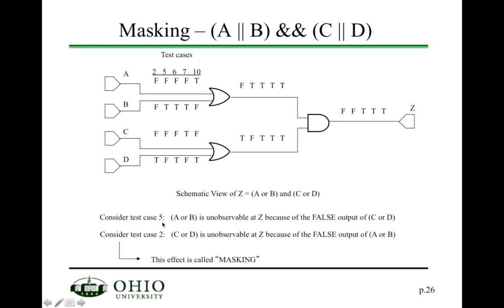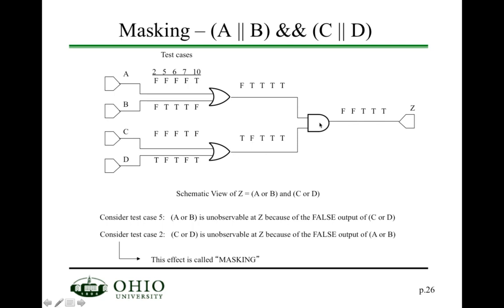Now, let's look at test case 5. In test case 5, A or B is unobservable at Z because of the false output of C or D. Think about it: the output of test case 5 results in the output of this OR gate being false.